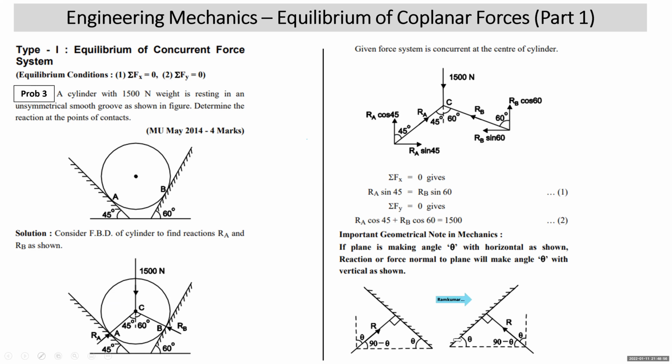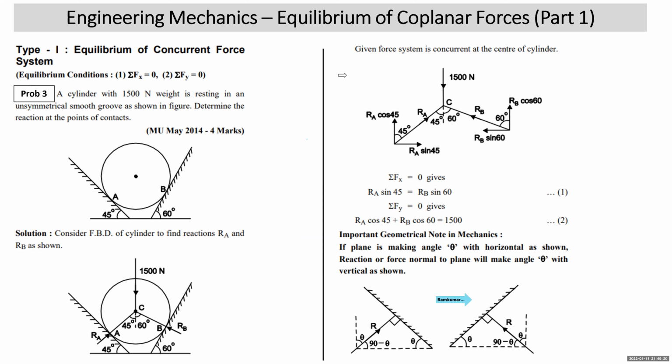Similarly, on this side, this plane is making angle theta with the horizontal, and the reaction normal to the plane will make angle theta with the vertical. This is what I have listed. If the plane is making angle theta with the horizontal, as shown in both diagrams, any force or reaction normal to the plane will make angle theta with the vertical as shown.